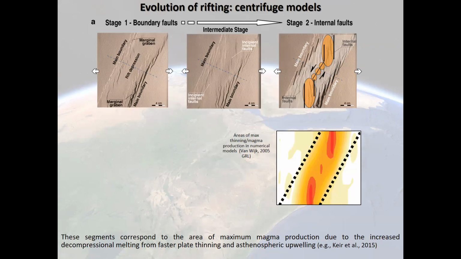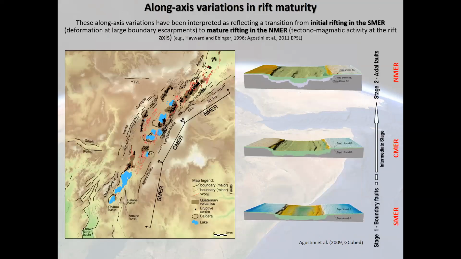In these numerical models, at the end of the deformation, we had something very similar: two en echelon segments with maximum lithospheric thinning and also maximum magma production because of this thinning and the compressional melting induced by faster plate thinning and asthenospheric upwelling. So we have a very good correspondence between analog models and previous numerical models.